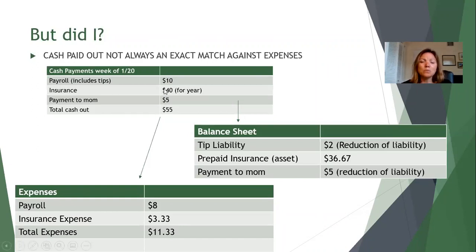So a lot of times we pay insurance in advance, right? We have to pay in advance for 1 year, we pay in advance for 2 years, maybe 6 months. So what we don't want to do is just record that expense in the month that we incurred it, and the reason is because it's for a longer period of time. Unlike the tips, where it's a future liability, I have to pay it out in the future, this is actually an asset.